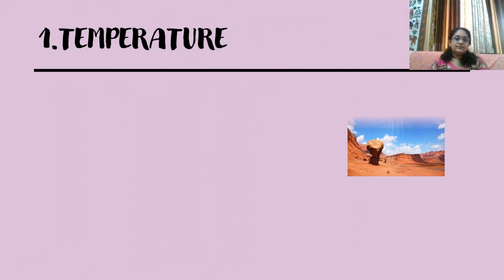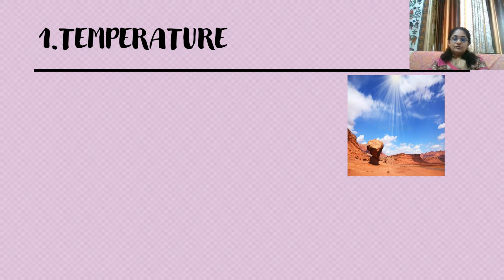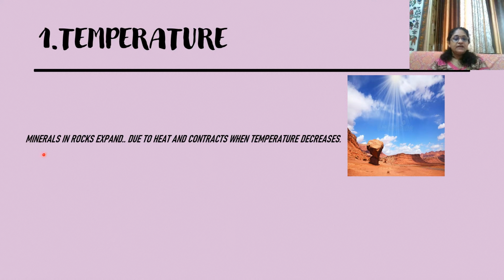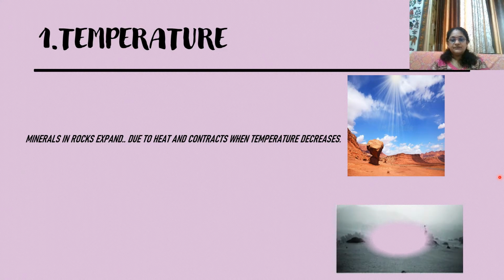First we'll look at temperature. Okay, now when you look at this figure, students, you'll see that the sun's light is falling on this rock. So the minerals in the rock expand due to heat and contract when the temperature decreases. Now when does it decrease? During the night time. Okay, during the daytime the sun's heat falls on the rock. During the night time the temperature decreases.